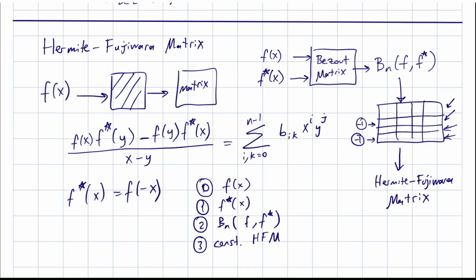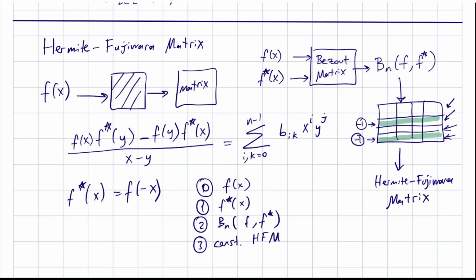Wait a sec, let me change the thickness. Highlight your rows with even indices. For example, this is row number 2, and 2 is an even number, and here this is row number 4.